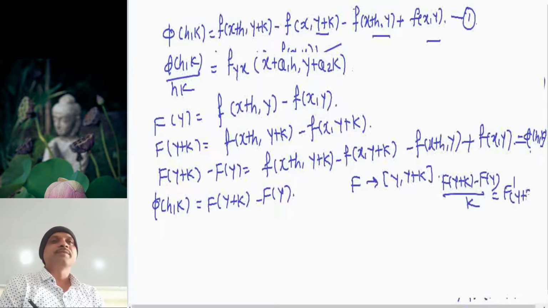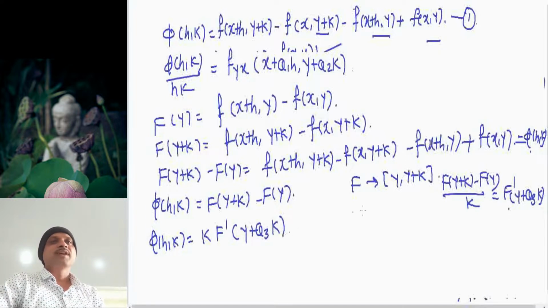So therefore this phi of h, k is nothing but k into capital F dash of y plus theta 3 k, by the definition of Lagrange's mean value theorem. But what is capital F of y?